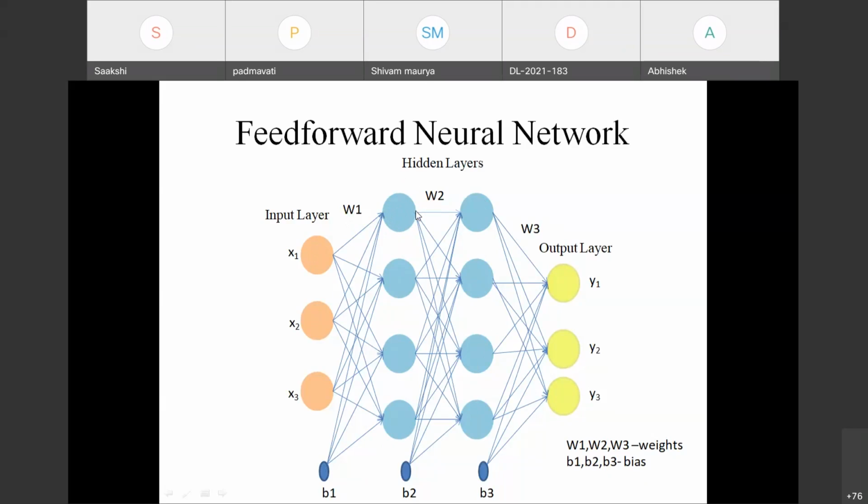I also informed you that the functionality f can represent a linear function or a non-linear function. In most cases it is a non-linear function. There are various non-linear functions, also known as activation functions. We will discuss activation functions in detail later on.